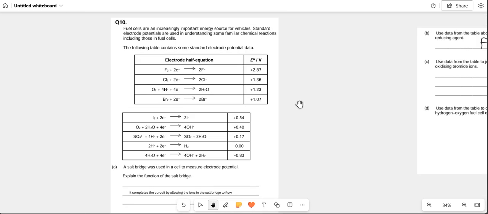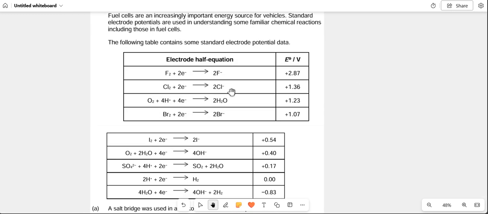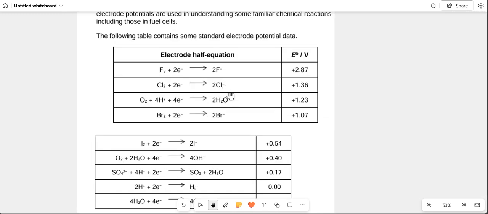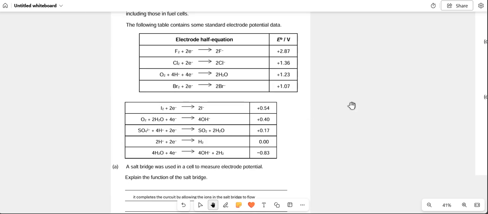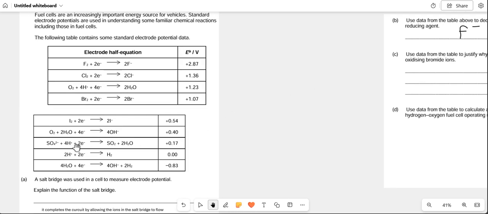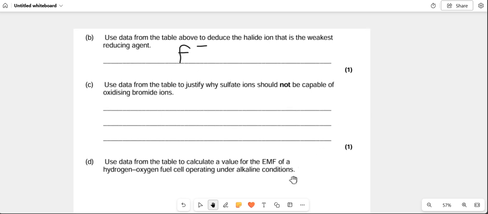That's all you need to write. So why would it oxidize it? And we just said that the oxidizing agent gets worse as you go down.